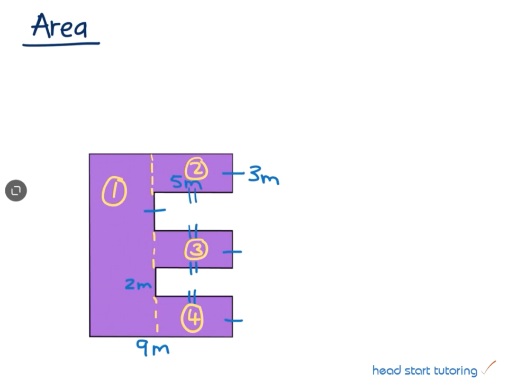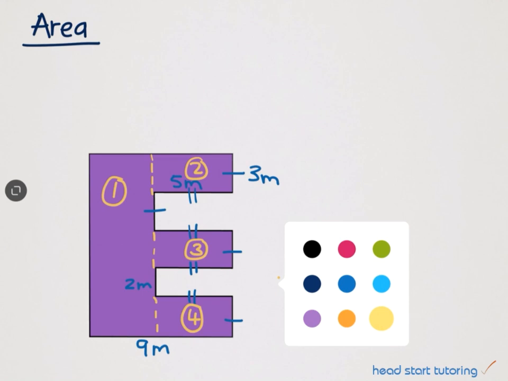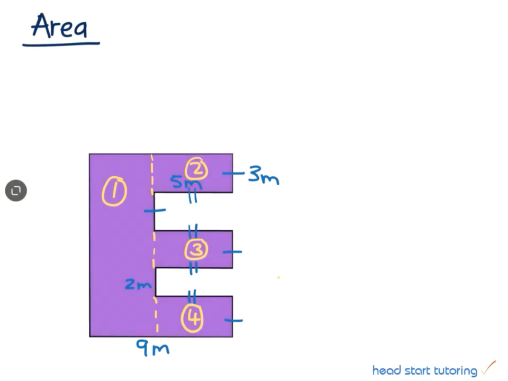Right, so now what we need to do is have a look at which of our sides are missing dimensions. So we have got 3 meters, we've got 5 meters, we've got 9 meters and 2 meters. So we now need to work with what we've been given to find the measurements that we do not yet know. Because of these lines here, that indicates that all those sides are equal.